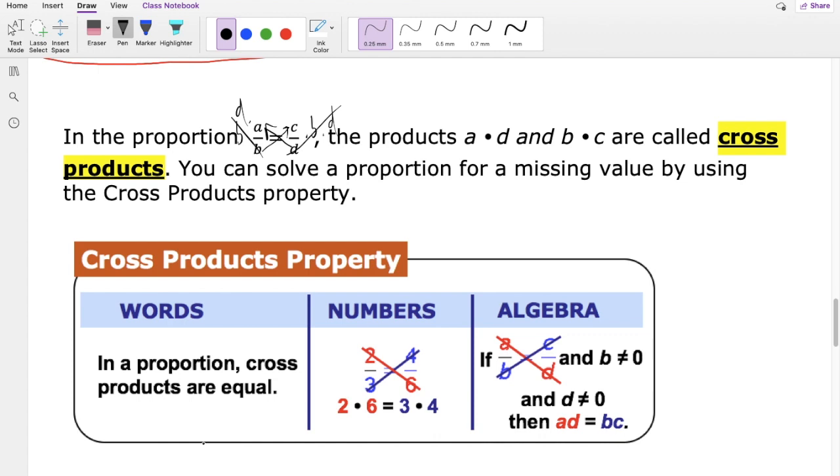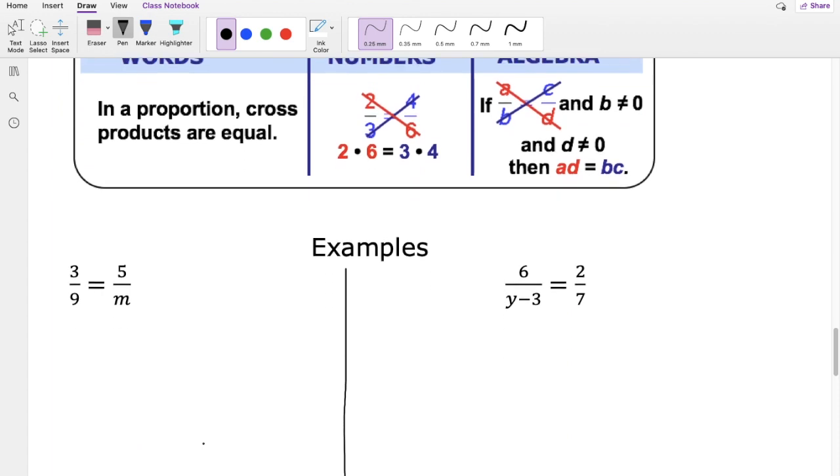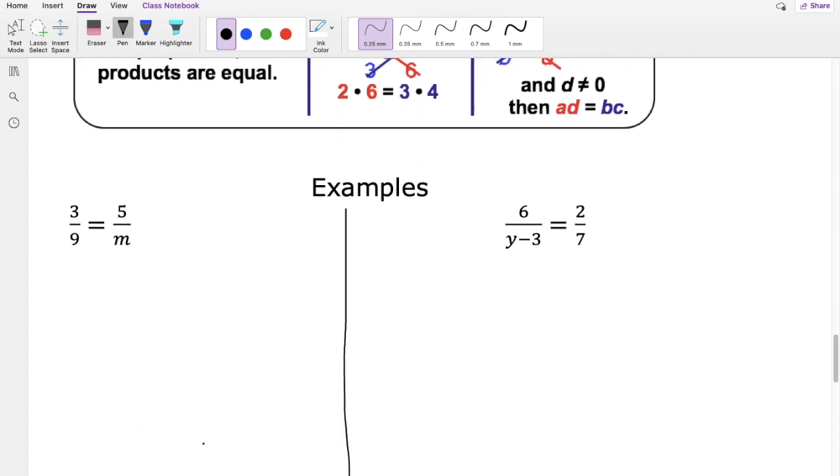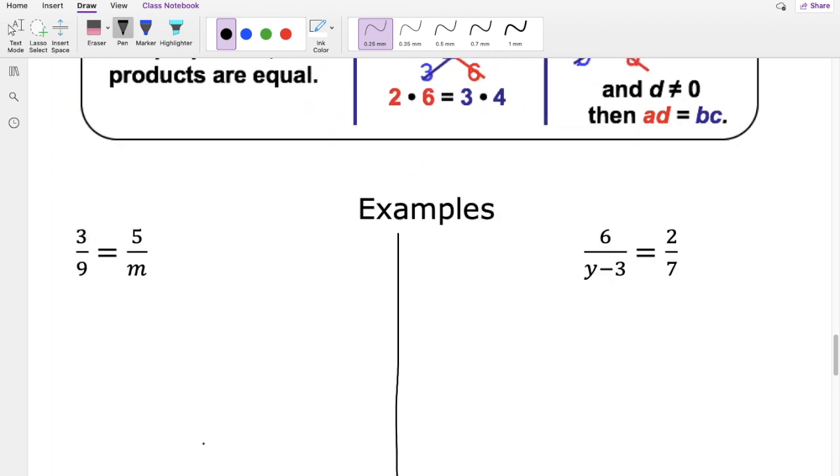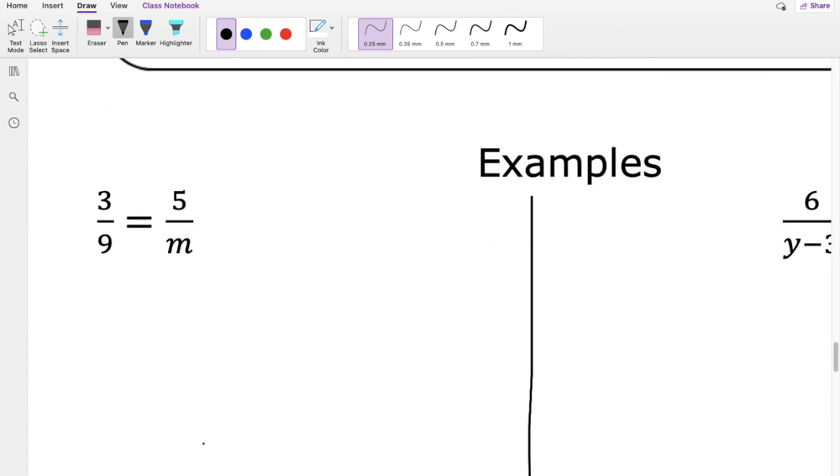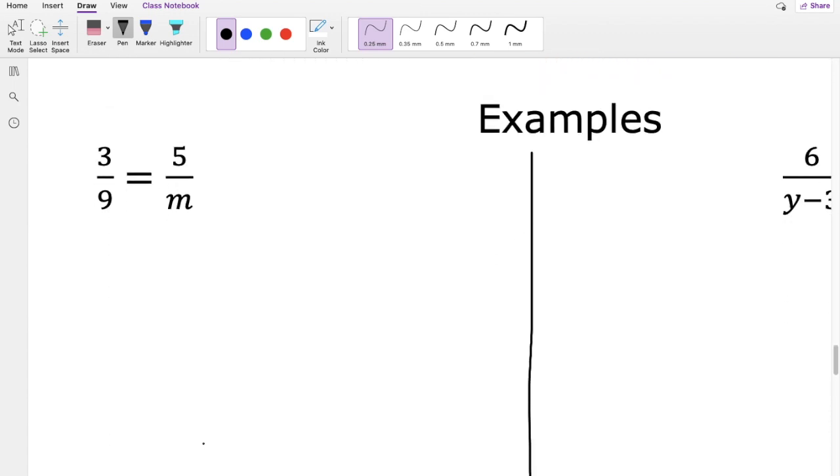So let's look at a problem using these cross products. Let's look at this first problem. We have 3 over 9 equals 5 over m. This is a proportion because we have two fractions that are equal to one another.